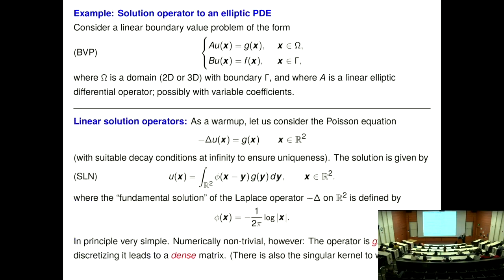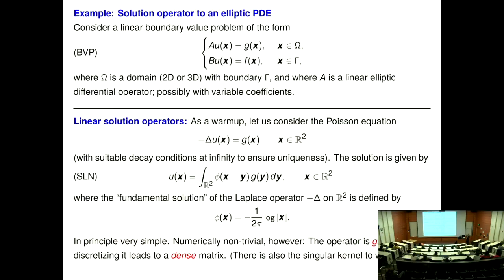So let me illustrate. Let's look at a particularly simple elliptic PDE. If you do just the Poisson equation in free space, we can actually write down the solution like this. It's just a convolution with the fundamental solution of the PDE, right? So in this case, solving the PDE, there's no solve. It's just evaluating a formula. I need to evaluate the convolution between the data and a known fundamental solution.